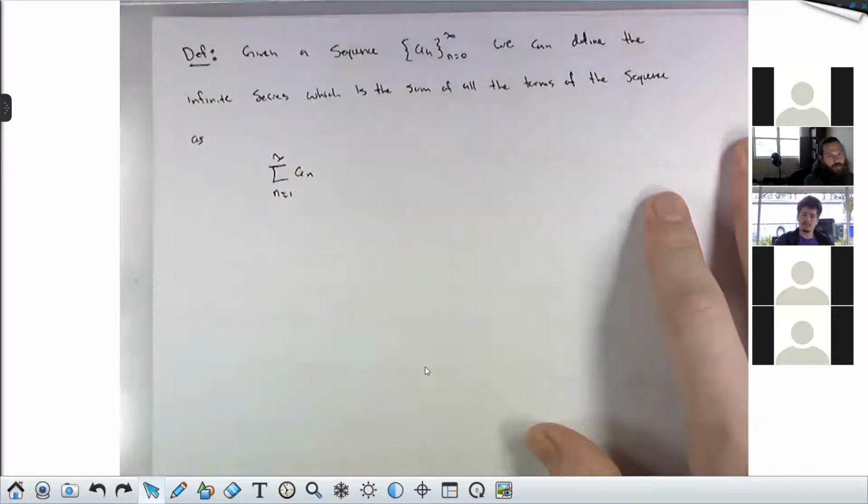This is the thing I want to define, but it's got problems. It's not entirely obvious. How do I add up infinitely many things? That's the obvious problem here.